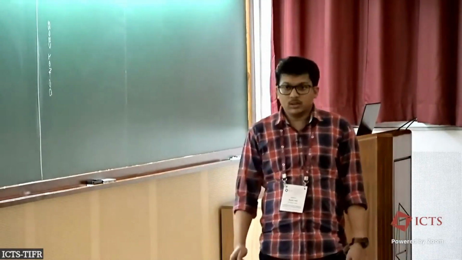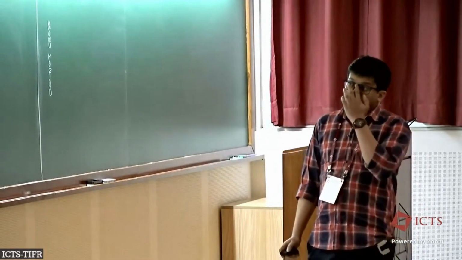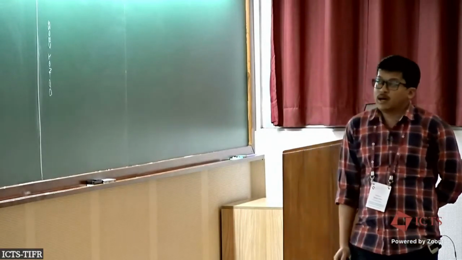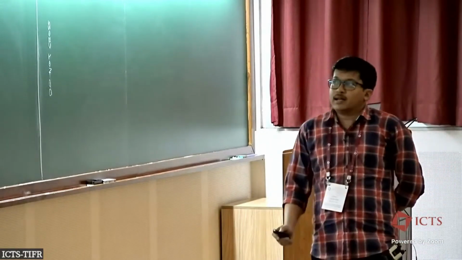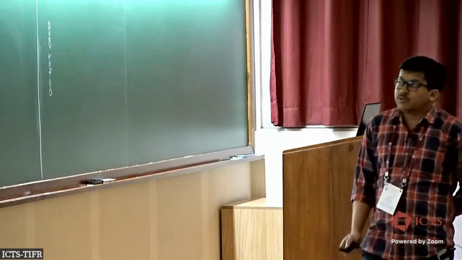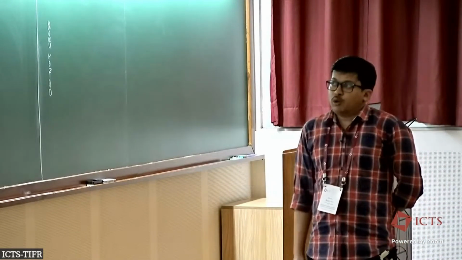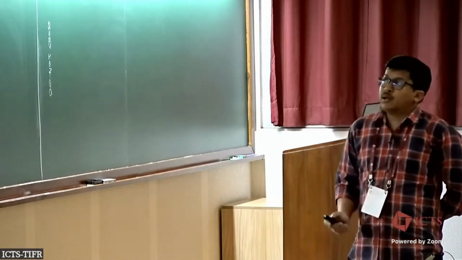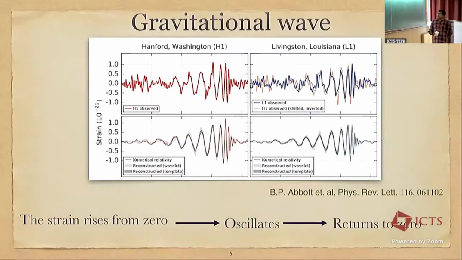So, to start with, this is the gravitational waveform that was detected back in 2015 by the two LIGO observatories, one in Hanford and the other in Livingston. The signal was named GW150914.